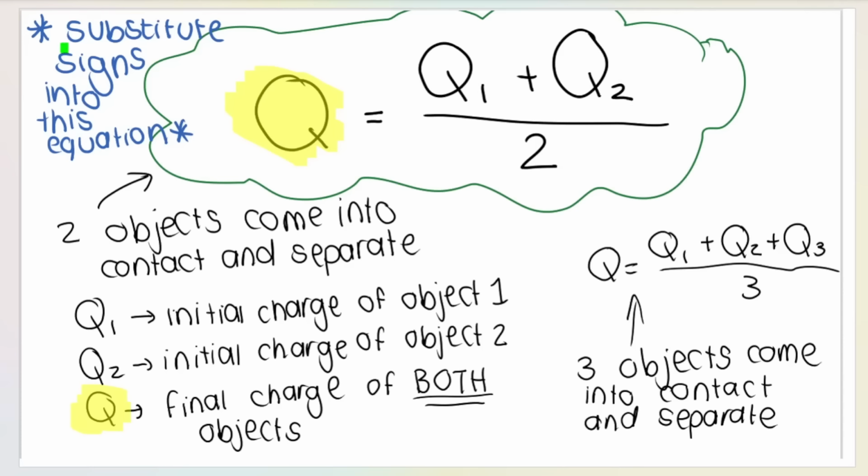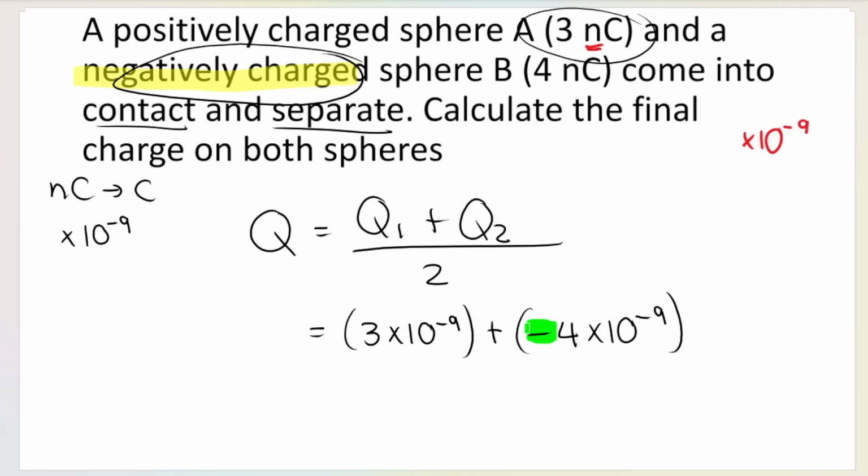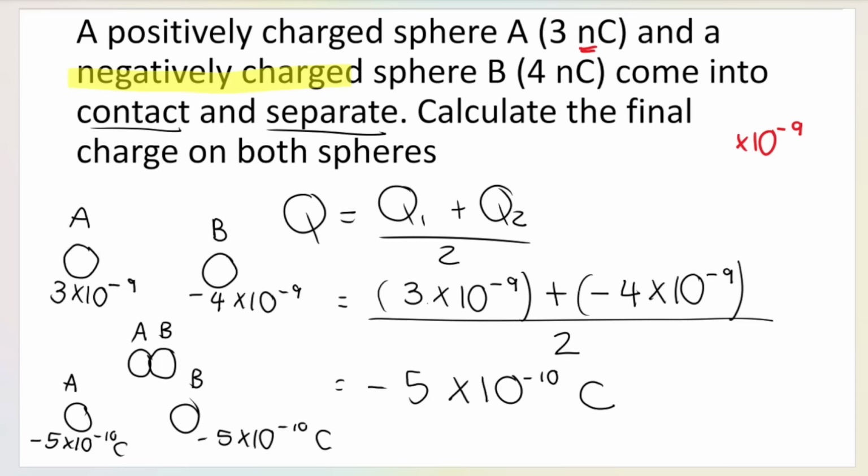I say it over here. Substitute signs into this equation. So if one of them is negative, you must put the negative in. And we're going to divide it by 2 because there's 2 spheres that are coming into contact. And my answer is -5 times 10 to the power of -10 coulombs. Okay, it's very important. Now, a few things here. Please use brackets on your calculator when doing this.